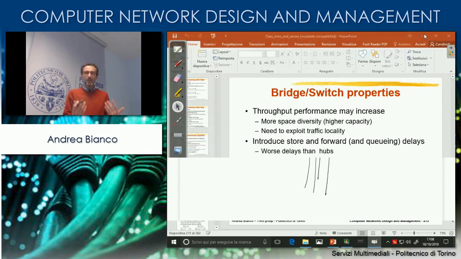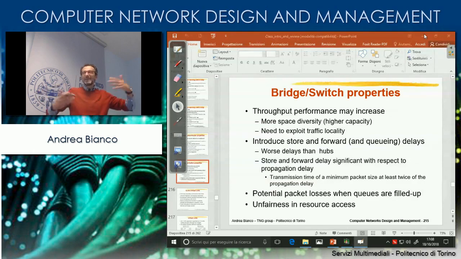Which other components of the delay do we have? We have the queuing, but the queuing we don't know. It depends on how many other packets are generated by the other users. And then we have the store and forward delay, which is something we add only if we have the switch or the bridge. Now the question is, by adding a switch or a bridge, we increase for sure this delay, which is the reception and transmission delay, let's forget about the queuing, let's neglect the processing.